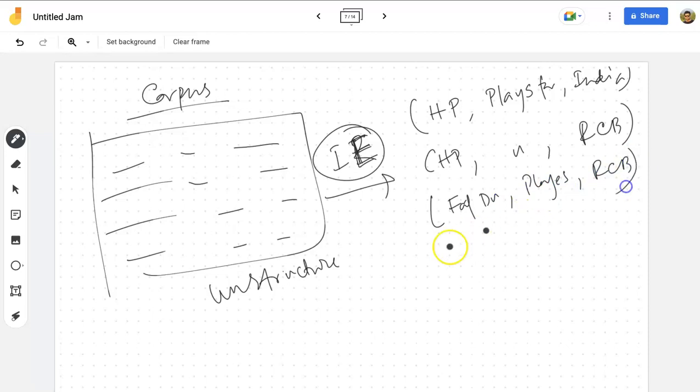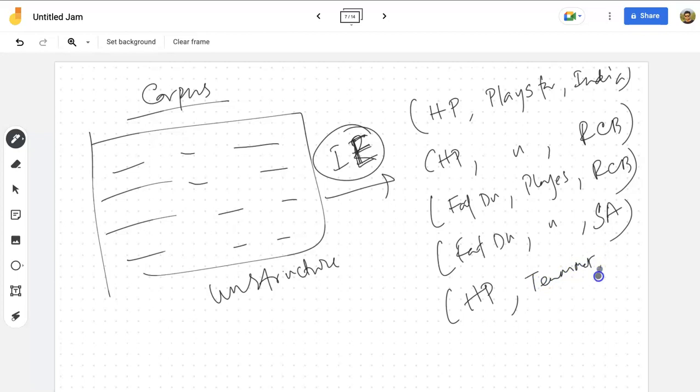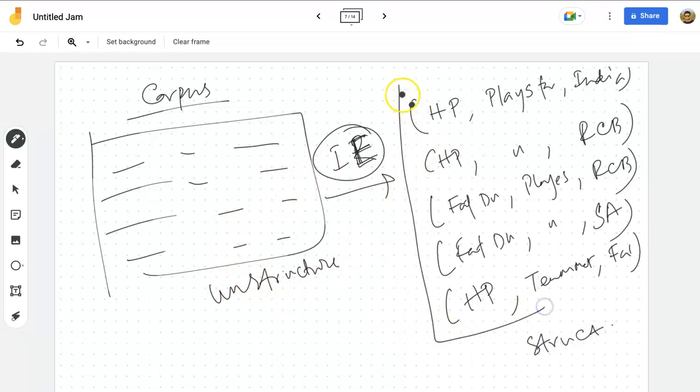Then Faf du Plessis plays for South Africa. Similarly, Harshal Patel's teammate is Faf du Plessis. So these are the different things you can extract from an unstructured corpus, and this can be a structured thing. So you can query from here also.